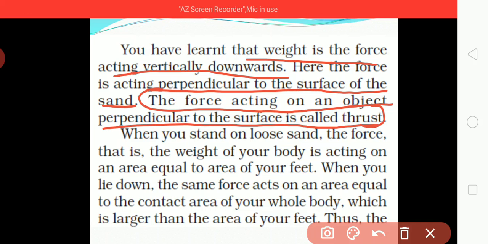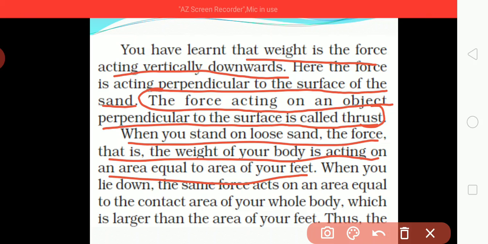When you stand on loose sand, the force, that is the weight of your body, is acting on an area equal to the area of your feet, which we have already discussed. When we are standing, our feet area is considered as the force acting area.